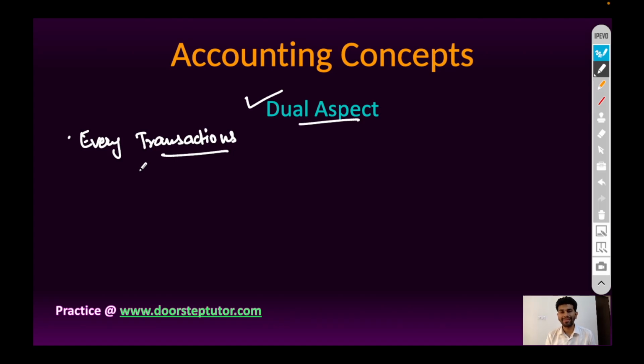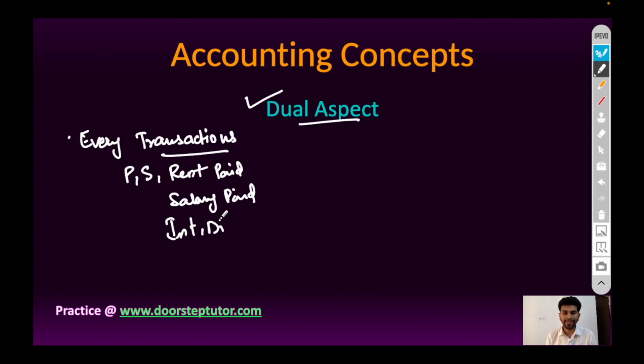These are regular transactions. Purchase of goods, sale of goods, purchase of any assets, sale of assets, all these are transactions. Rent received or rent paid, salary paid, interest or dividend received, all these are transactions. And some of the transactions are regular transactions and some are non-regular transactions.